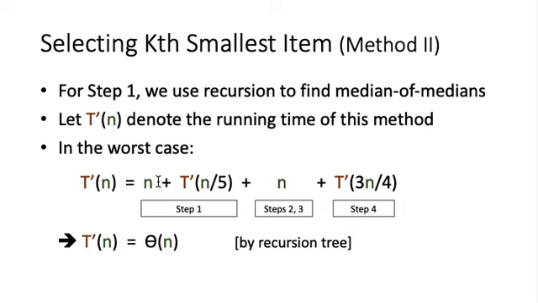So there are n over 5 medians. It takes only order n time up to this point. Among the n over 5 medians, we want to find the median of these medians. This is a problem of selecting a certain smallest item in a group of n over 5 items. So the time we need will be T prime of n over 5. This is the running time for step 1 only.